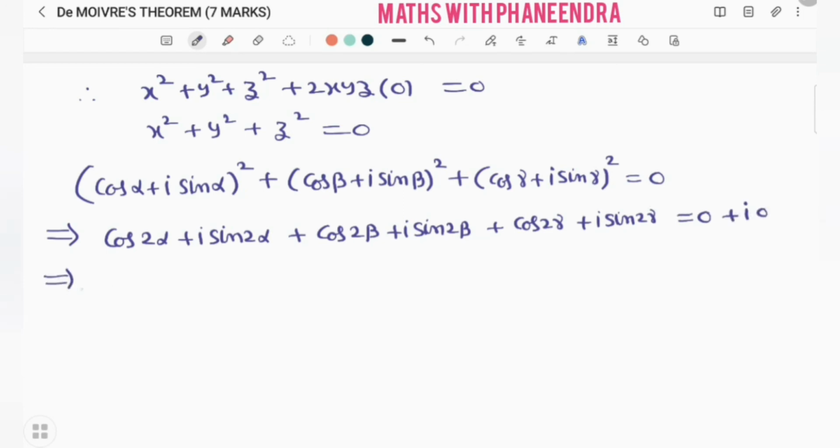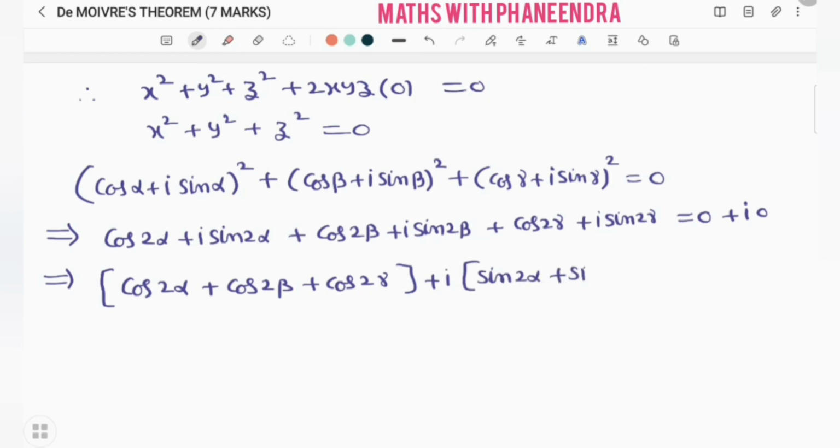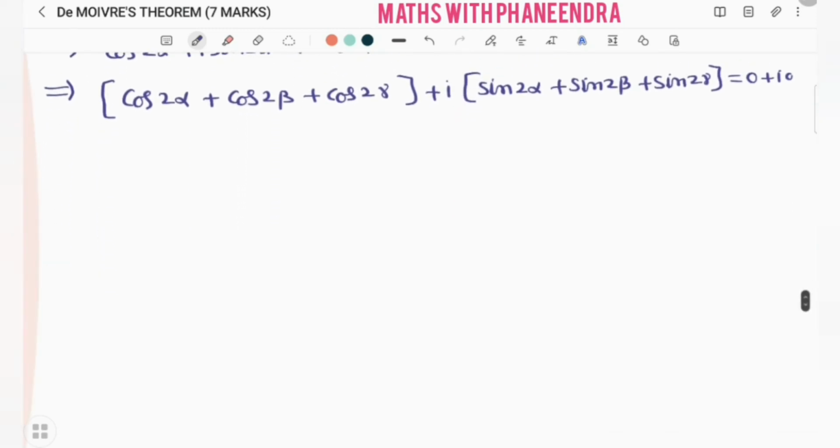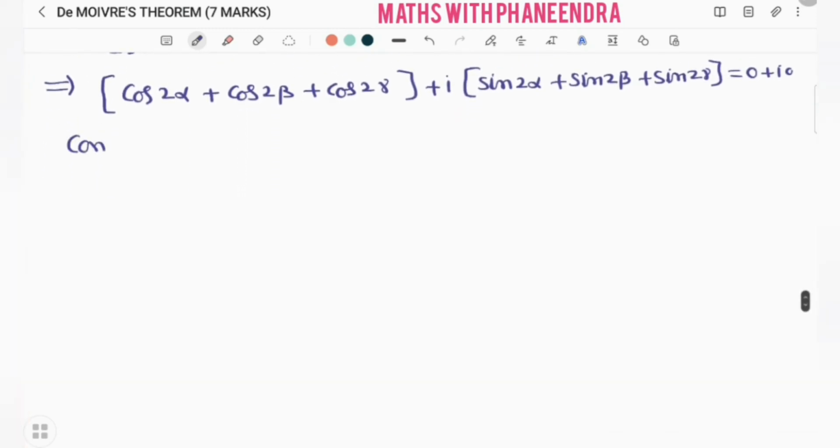Now separate real and imaginary parts. cos 2 alpha plus cos 2 beta plus cos 2 gamma plus i into sin 2 alpha plus sin 2 beta plus sin 2 gamma is equal to 0 plus i into 0. So comparing either real or imaginary parts, but the real part is good.